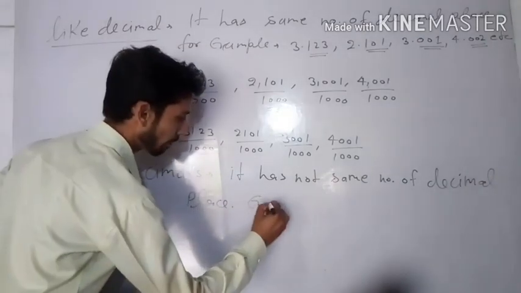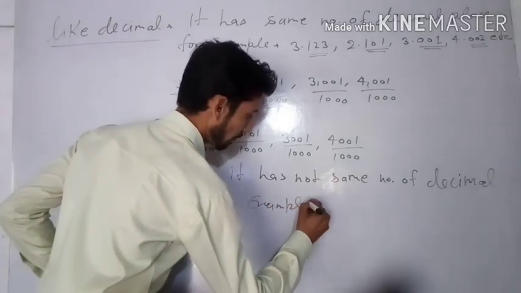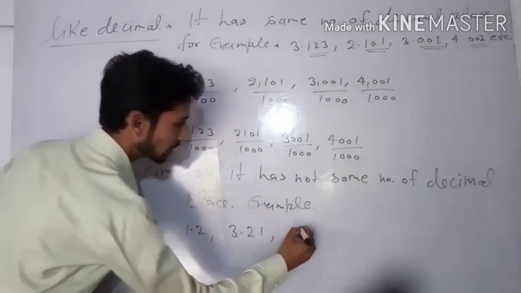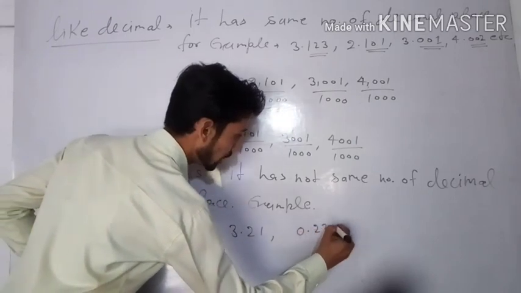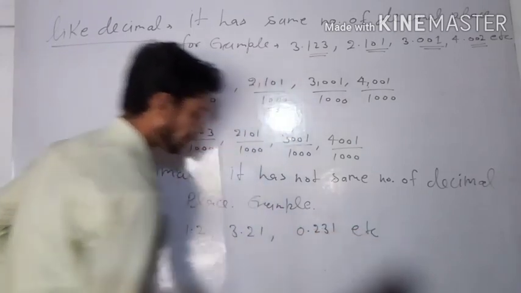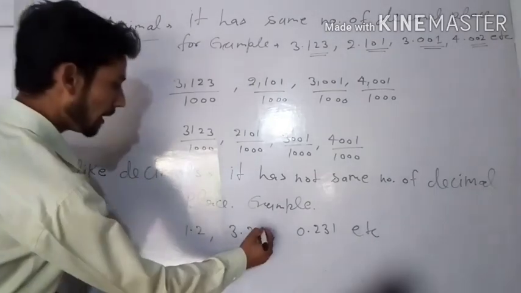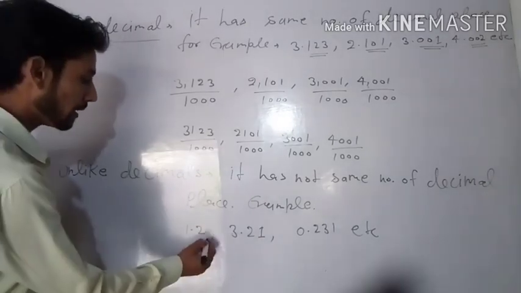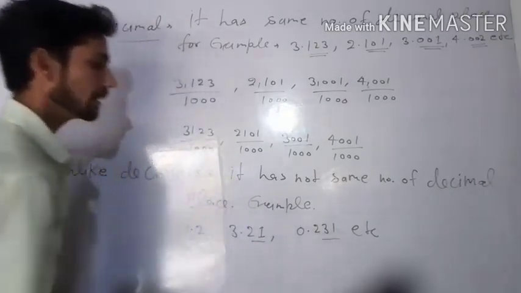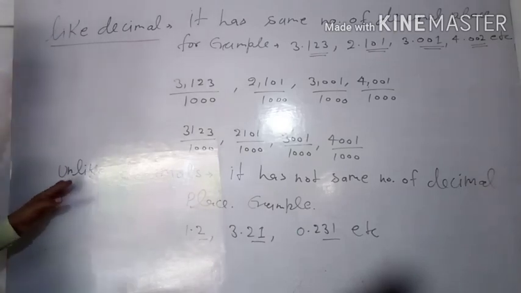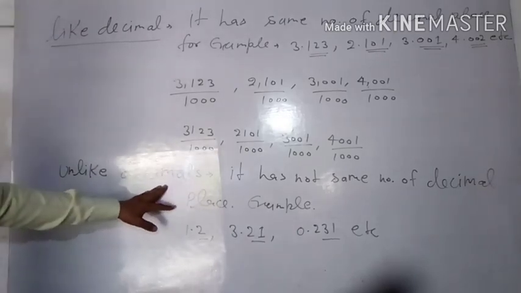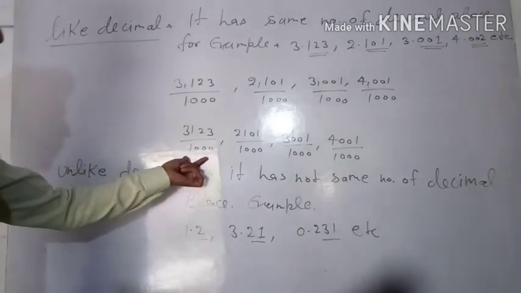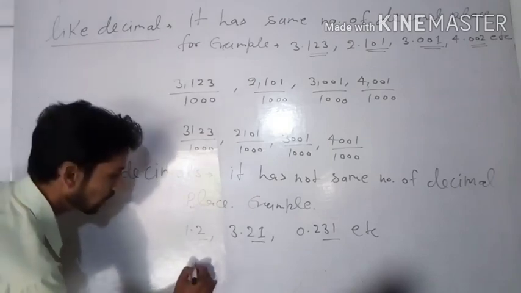Example, 1.2, 3.21, 0.2231, etc. After the decimal, the digit numbers are not the same, 1, 2 and 3. So these are known as unlike decimals, because if we convert into a fraction, the denominators are not the same, like that.